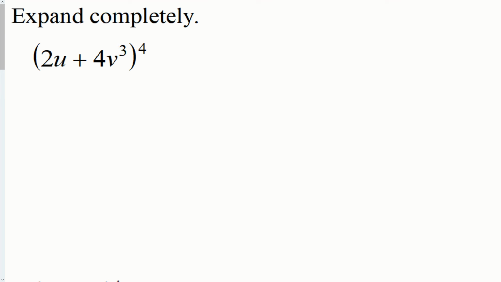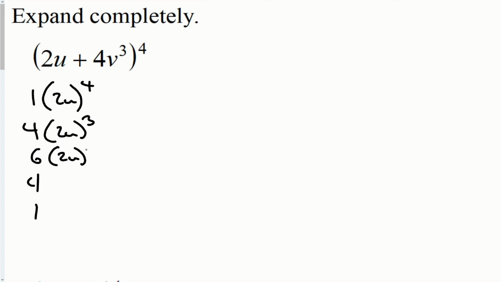Let's try one more with some variables, 2 variables, and an exponent inside. So fourth power, fourth row of Pascal's triangle. We take 2u, raise that to the fourth, 2u to the third, 2u squared, 2u, and then nothing.